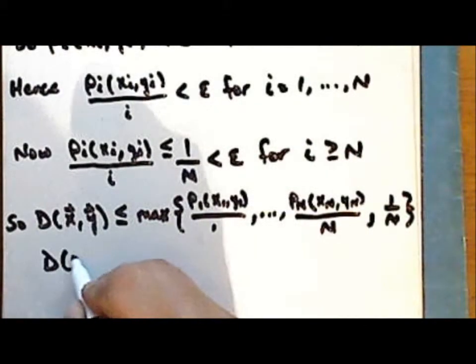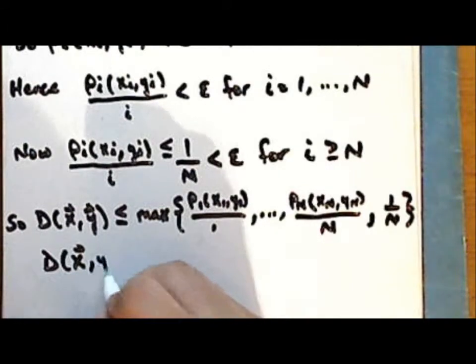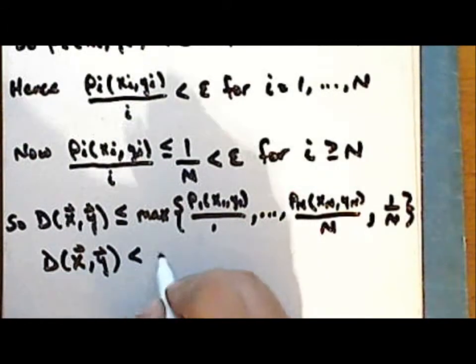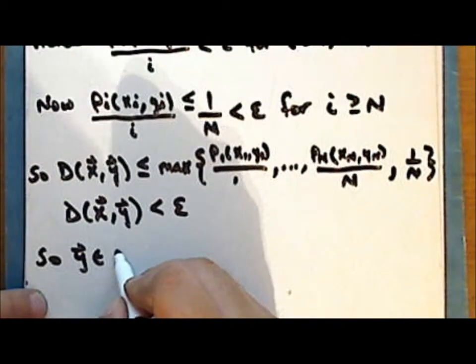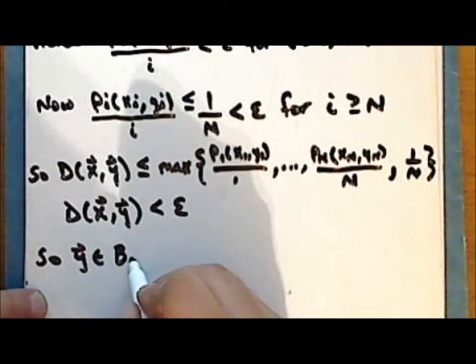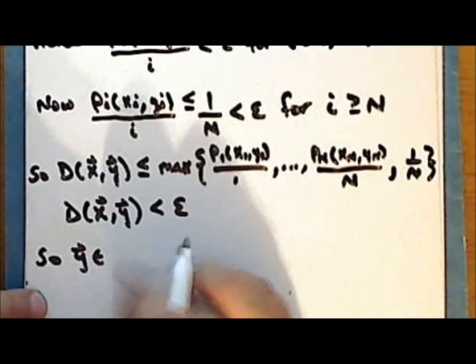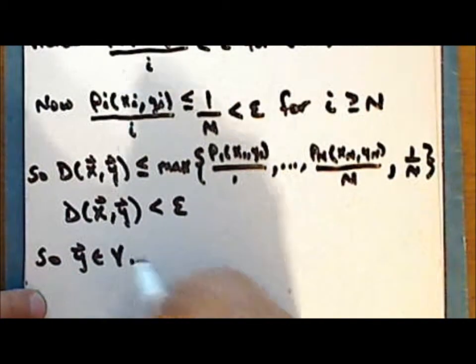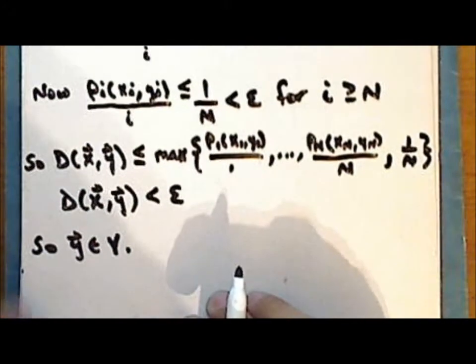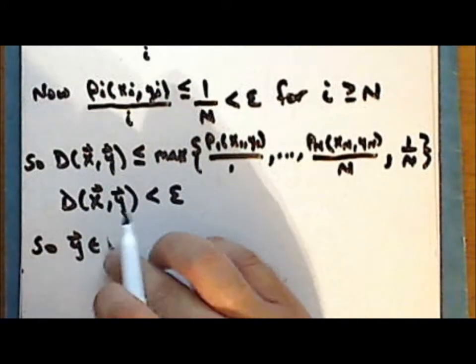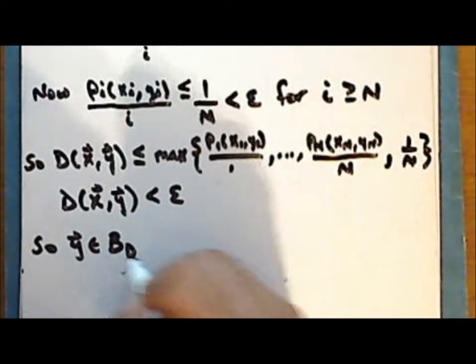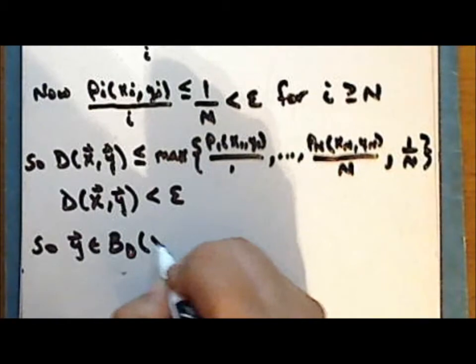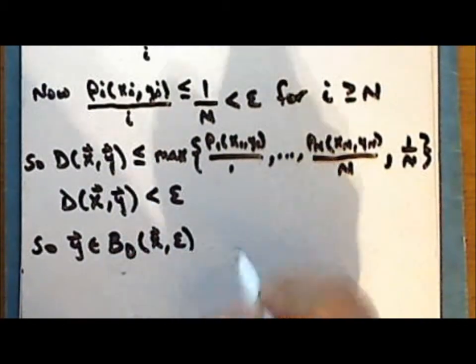And so we have that the distance under the metric capital D from point x to the point y is strictly less than epsilon. And so the point y is in the open ball under the metric D, centered at the point x with radius epsilon.